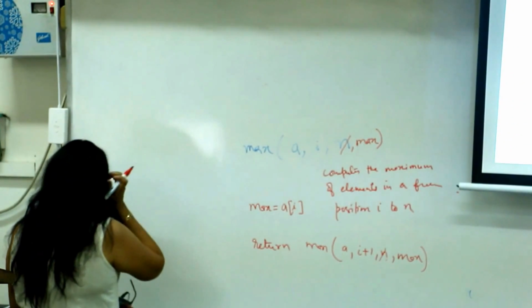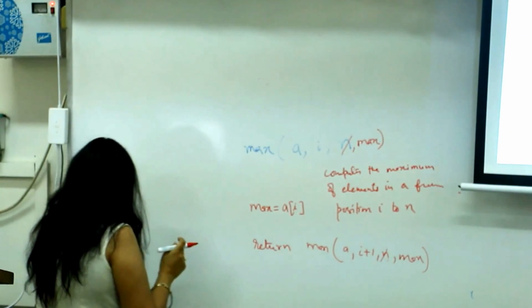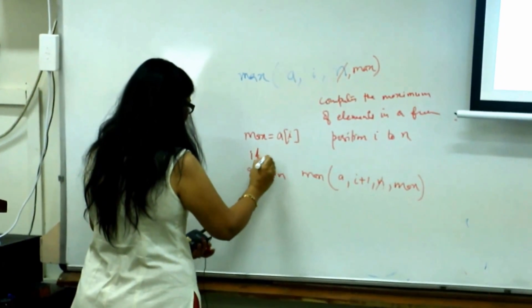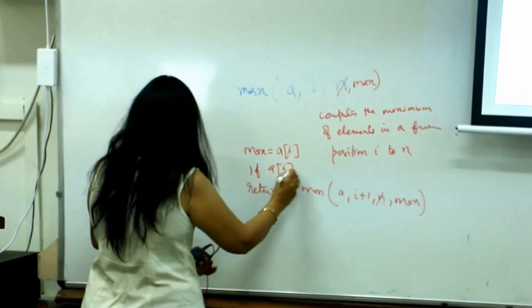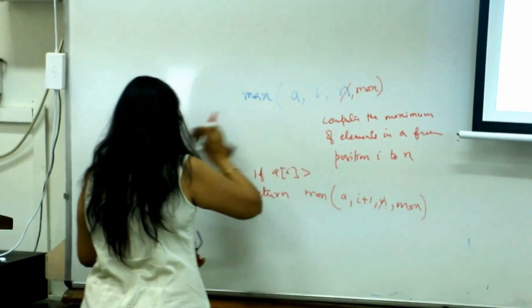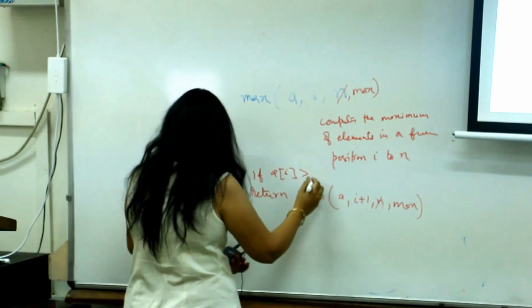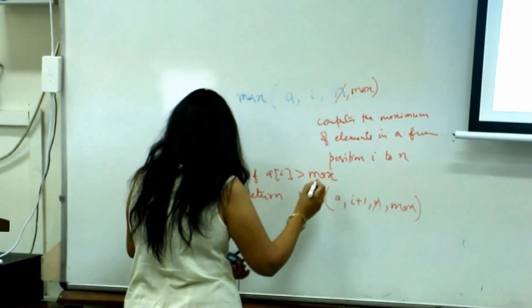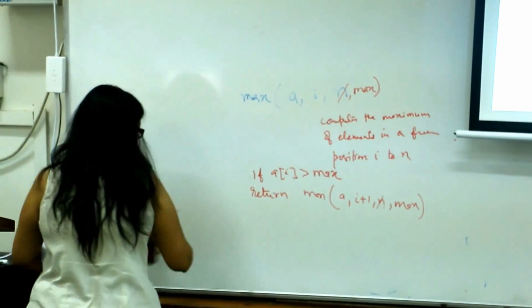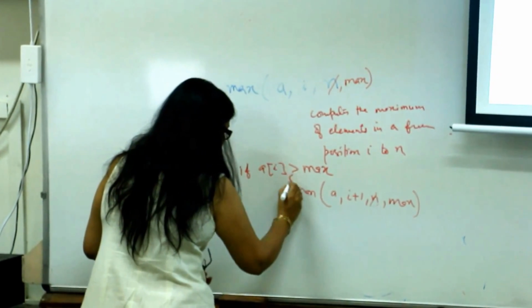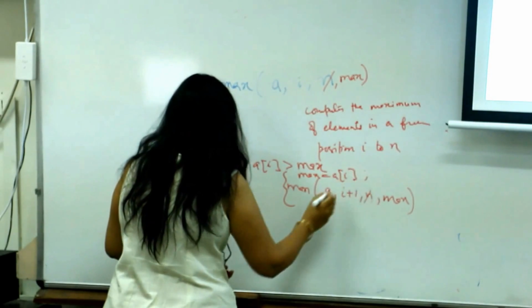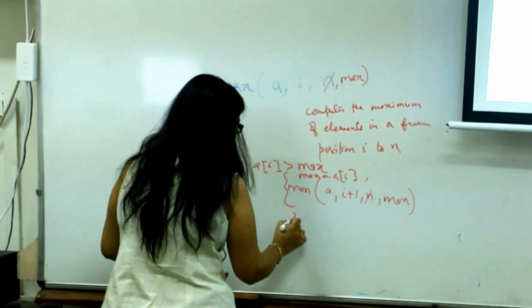So just for an idea, max is coming from somewhere. Let's assume that if A[I] is greater than max, then something like this.